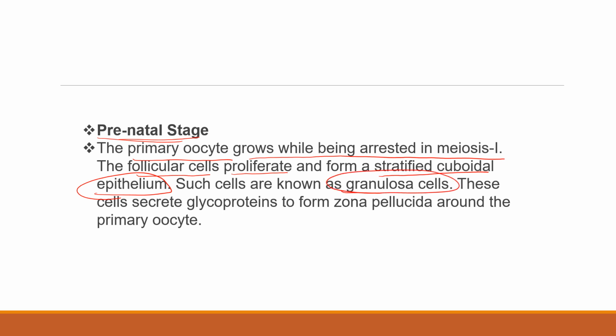We will see this in the diagram of the ovary in the next slide. These cells secrete glycoproteins which form the zona pellucida around the primary oocyte.